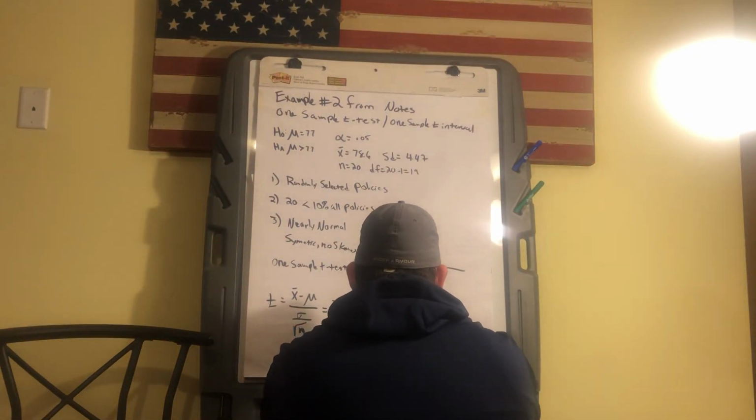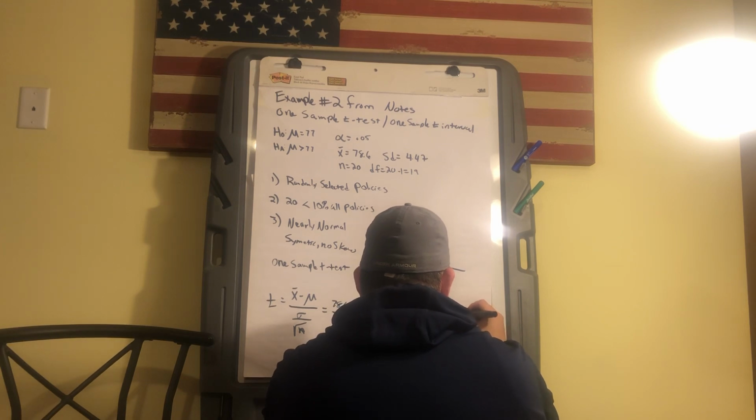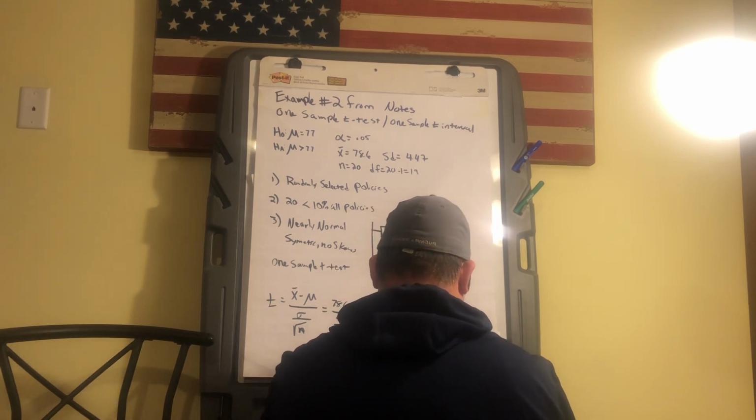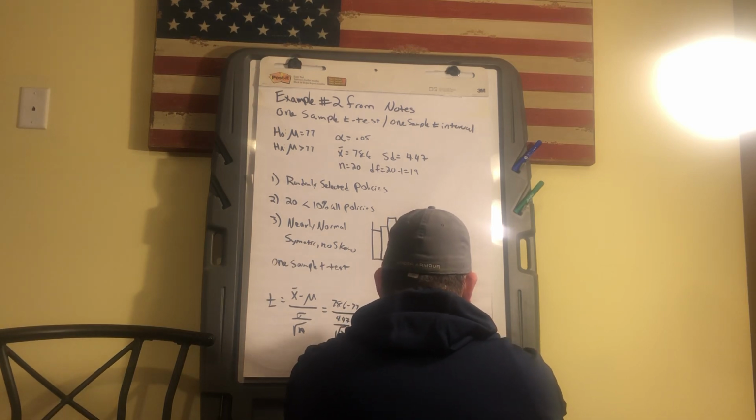And we get the probability that t with 19 degrees of freedom is between 0.10 and 0.05.